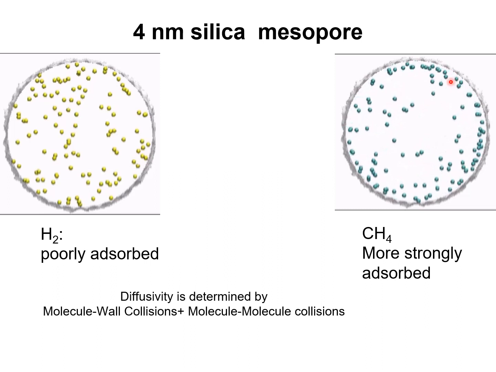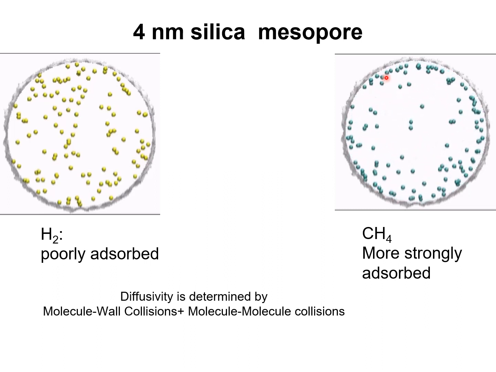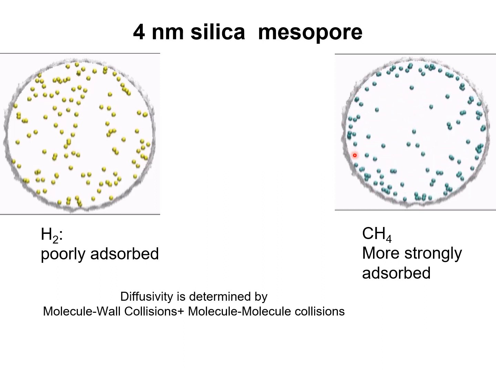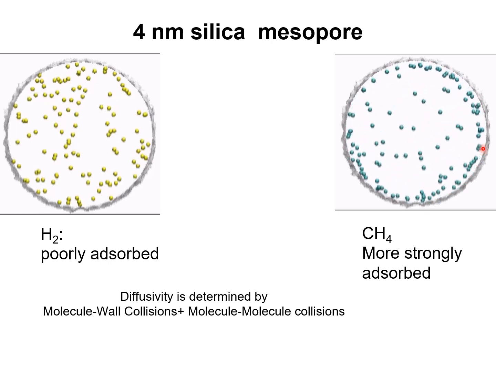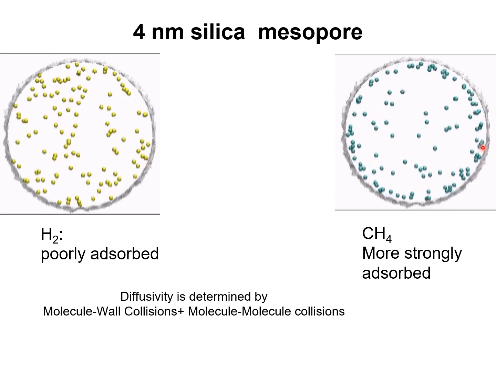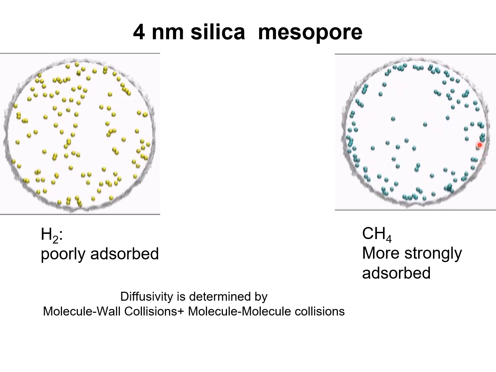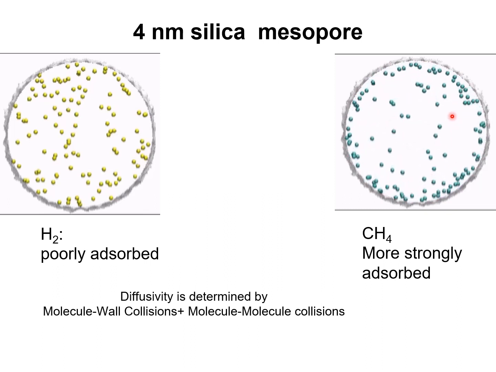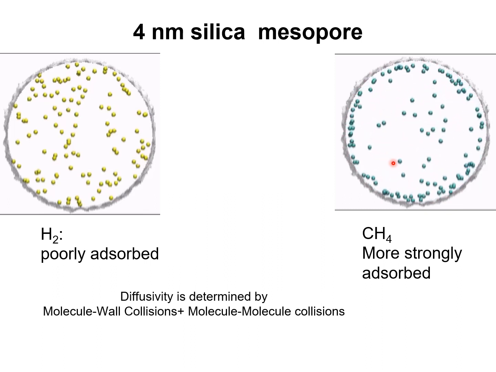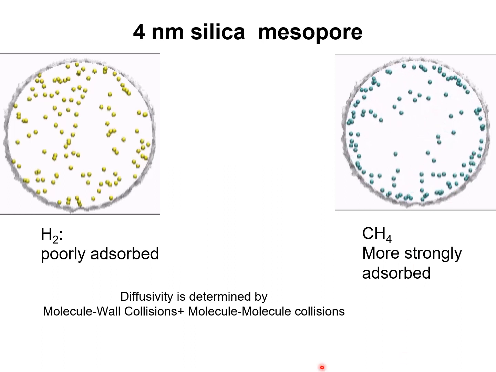For methane, there appears to be a larger concentration of molecules near the pore wall because the interaction energies with the pore walls are more significant, and methane is more strongly adsorbed and appears to have a higher concentration near the pore wall and a lower concentration of methane molecules in the central core region.